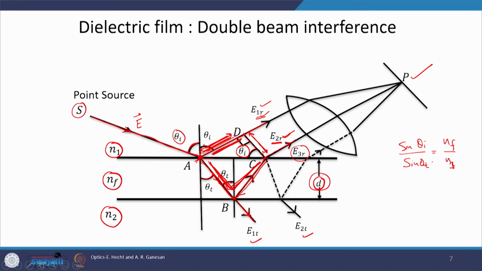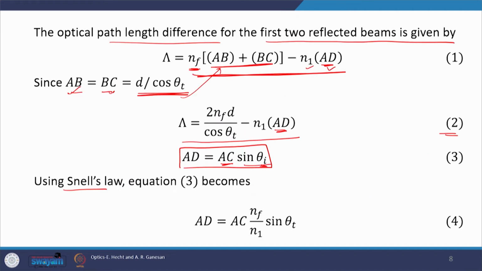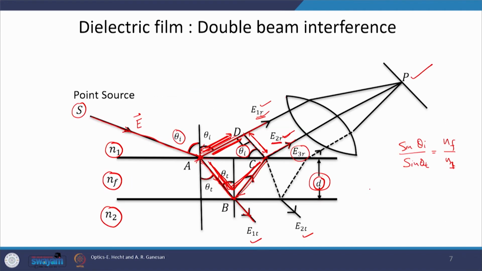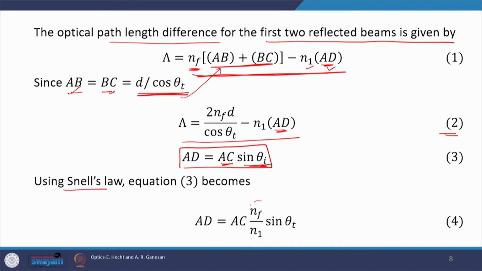If this is known, then we want the expression of sin theta I, so sin theta I is equal to NF upon N1 into sin theta t. Therefore, we can replace sin theta I by NF by N1 into sin theta t, and this is what is being done. Sin theta I in equation number 3 is replaced with NF by N1 sin theta t.